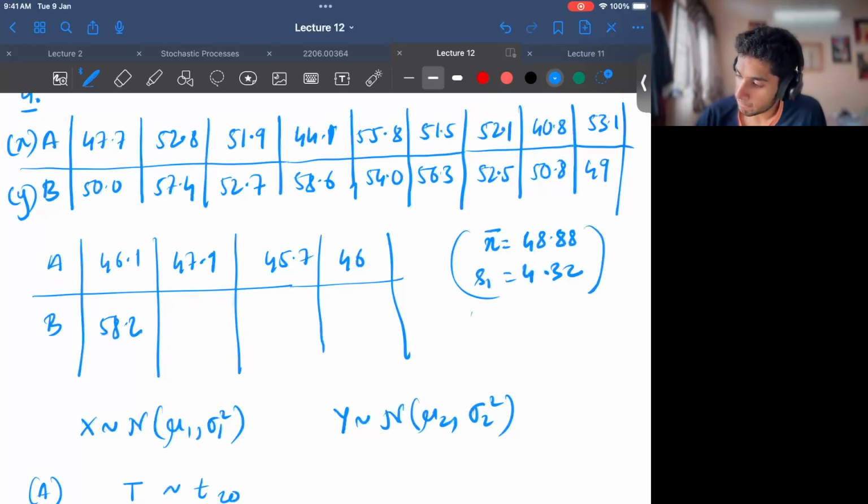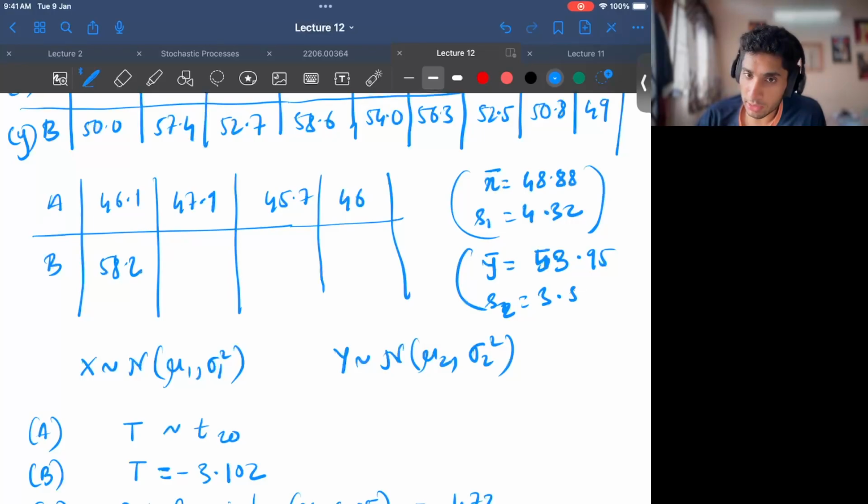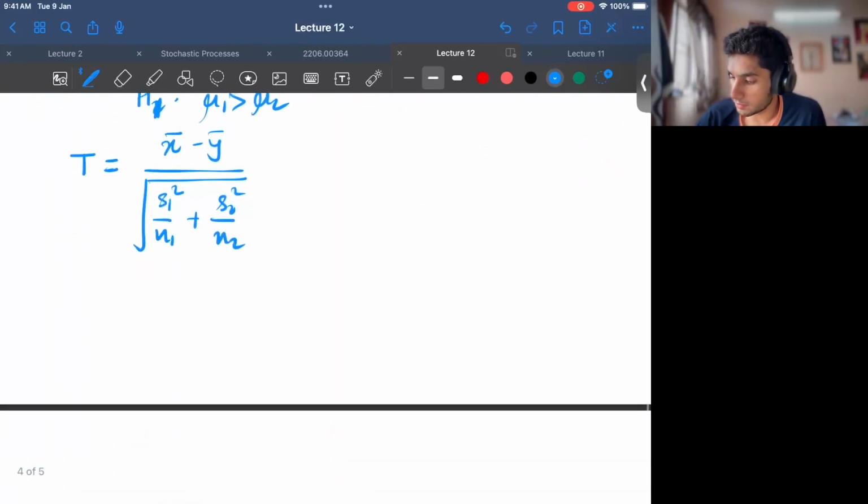For the second brand, y bar comes out to be 53.95, and S2, the sample standard deviation, comes out to be 3.50. These are what you get.